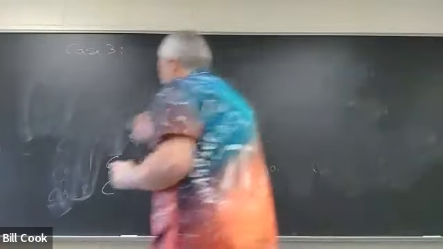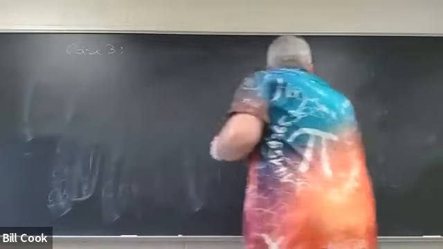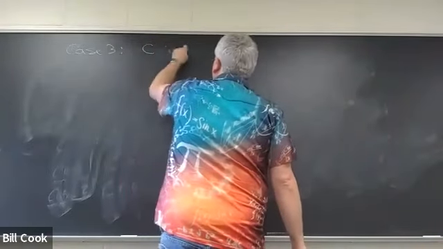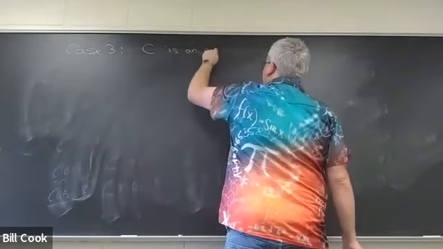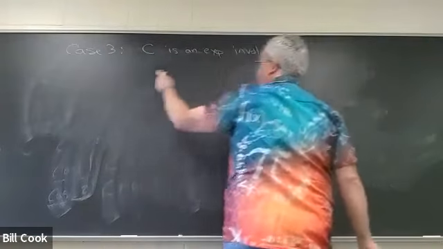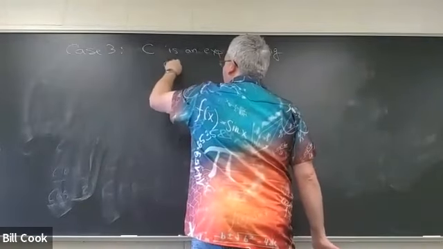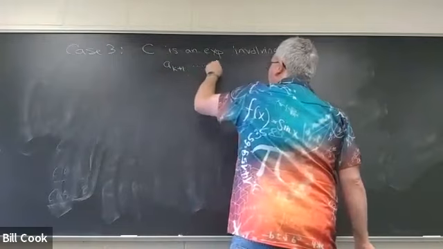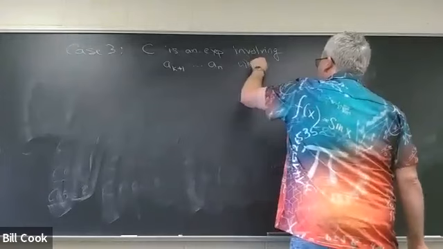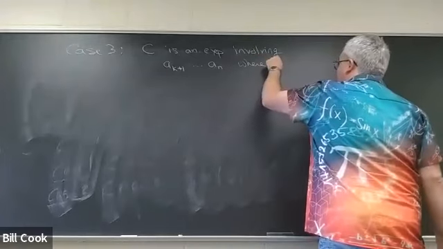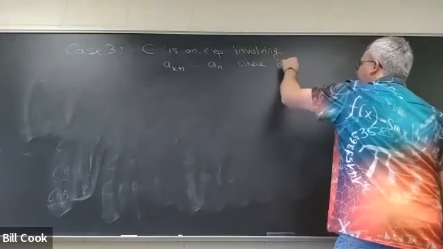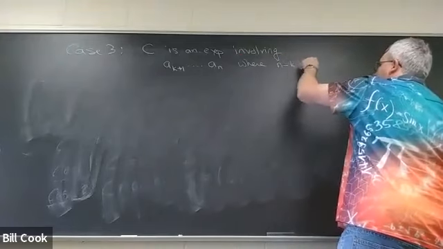So for case three, we have that C is an expression involving, let's say, a_{k+1} all the way up through a_n, where n minus k is at least 3.